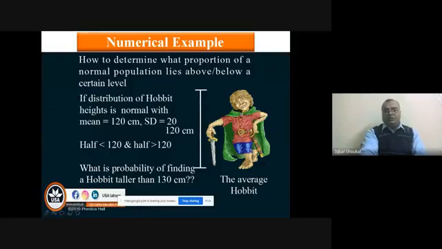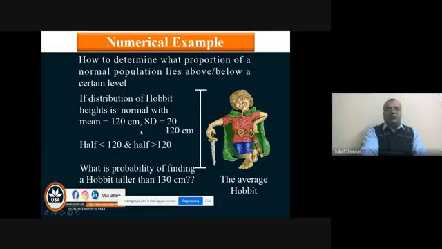Half are less than 120 and half are more than 120. What is the probability of finding a hobbit taller than 130 centimeters? Here 130 is the value of x, the mean is 120, and sigma is 20.